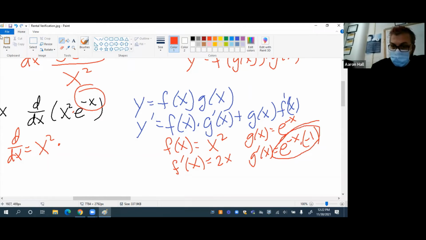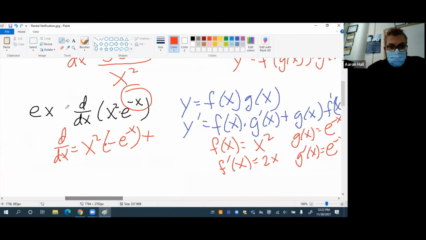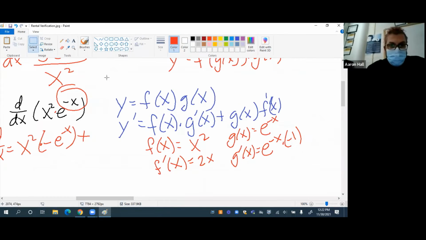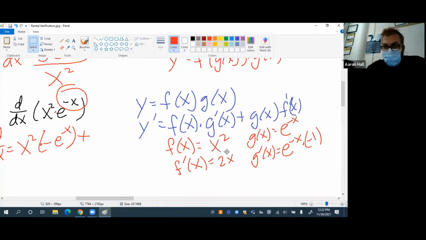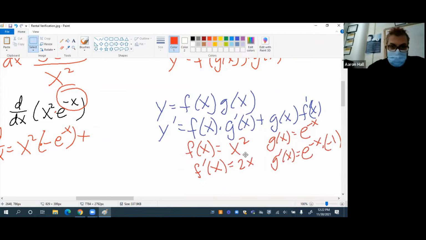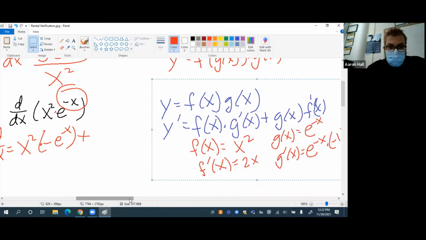I'm just going to put the negative in front, if that's okay. Times negative e to the negative x. Plus, I see I don't have enough room. I don't know if I should move it down a little bit or move everything over.